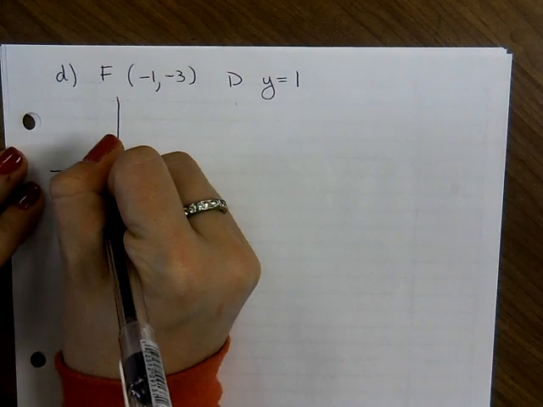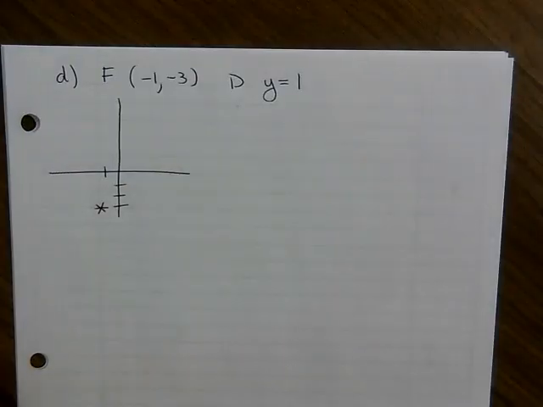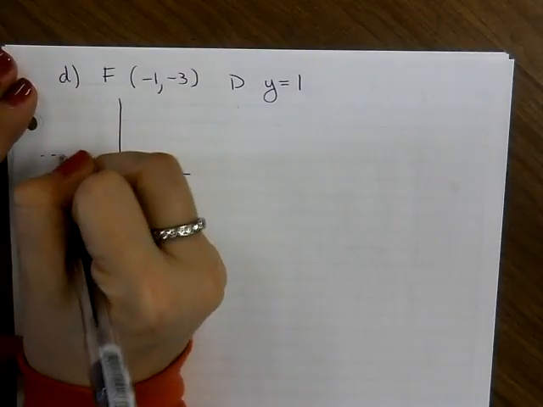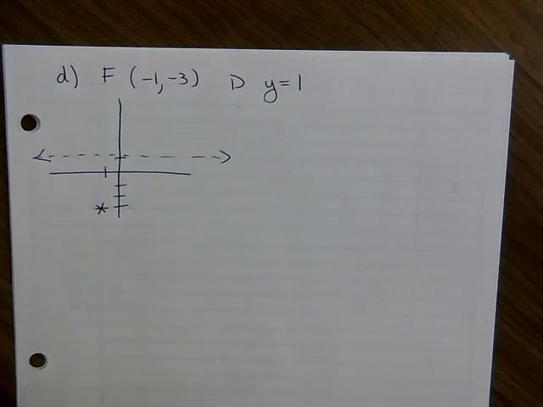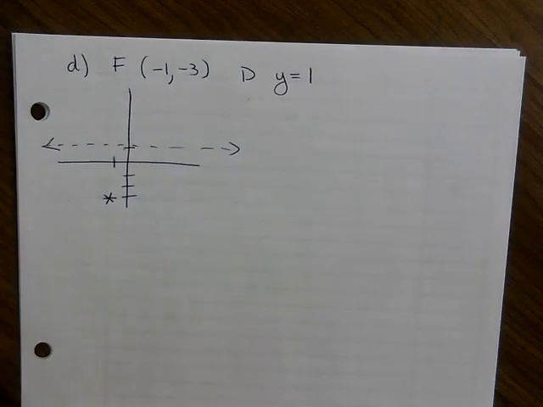So negative 1, negative 3. So remember, the focus is in the parabola. Then I have this directrix, and it's at y equals 1. And it's a horizontal line. And the parabola has to open away from the directrix. So where does the parabola point? Down. So that means it's an x squared with a negative 4p.